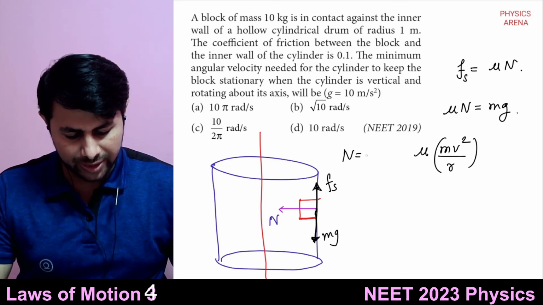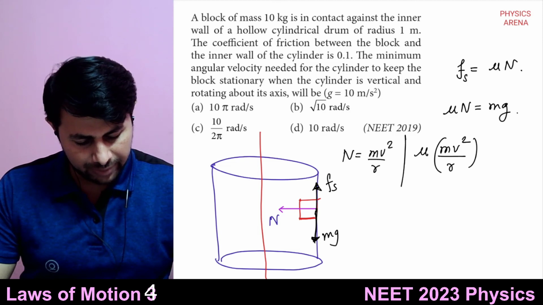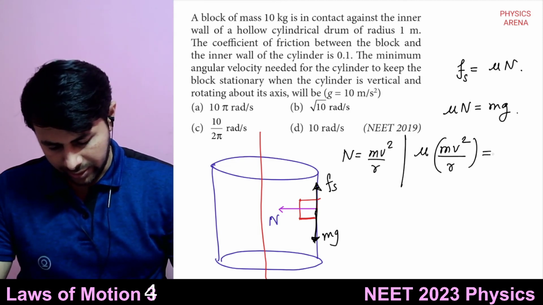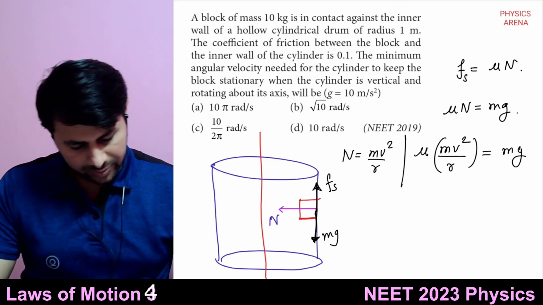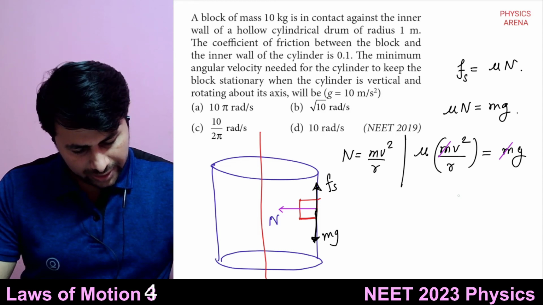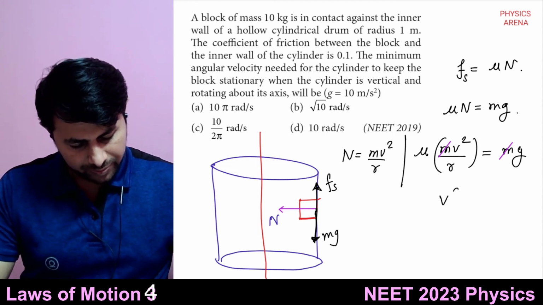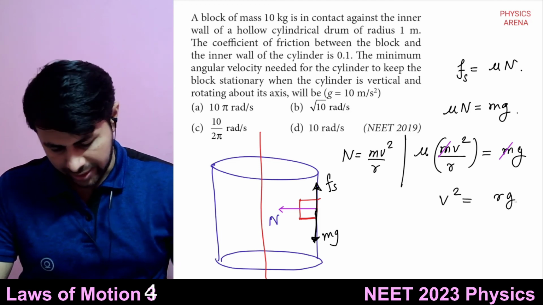So mu times the normal reaction is equal to mv square upon r, which is equal to m times g. So m and m get cancelled out and you get v square is equal to rg divided by mu. Let's put in the values. So v is equal to the square root of that.